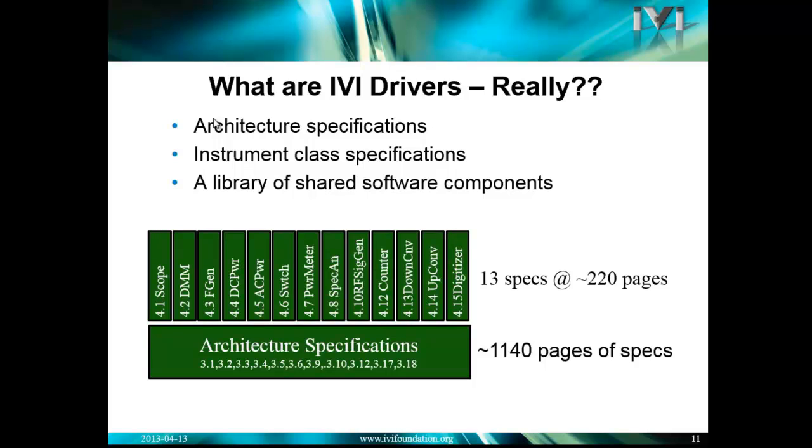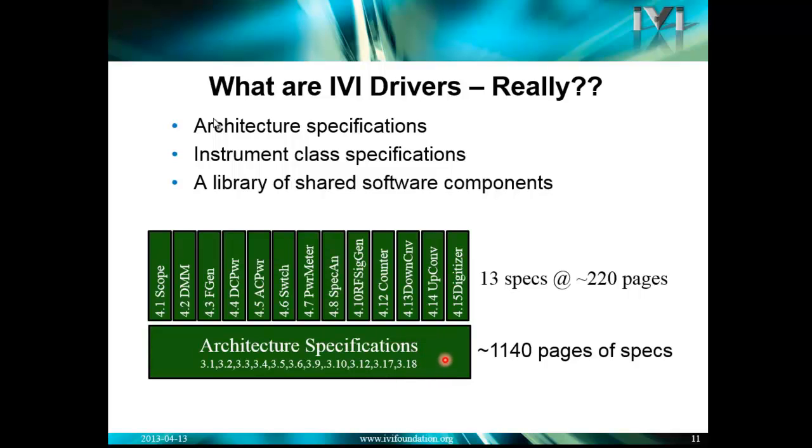To talk in a little more detail about what IVI drivers are, the IVI specifications are in two groups that occasionally causes some confusion. One group is these architecture specifications, shown here pictorially at the base that the other things are built on. And there are numerous architecture specifications, and you can see the reference to those specifications is always 3 dot something.